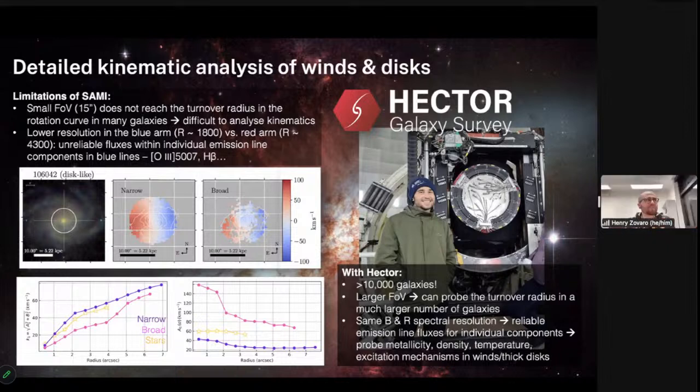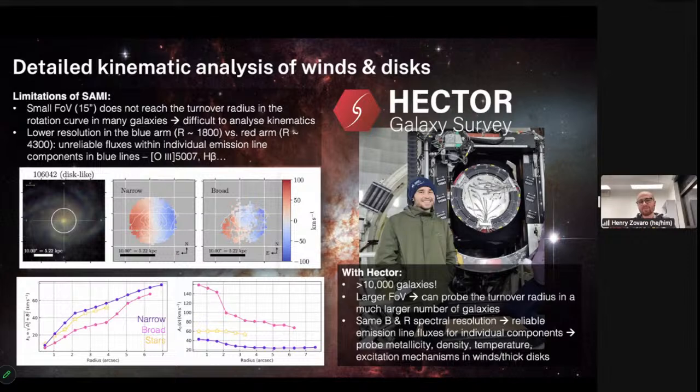Yes, so the way the emission lines are fit is a simultaneous fit across the blue and the red arm. It's assumed that all of the emission lines have the same 1, 2, or 3 components. They just have different strengths.